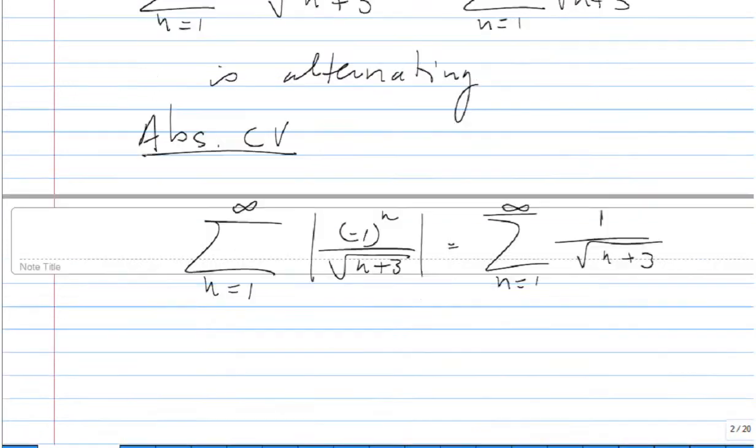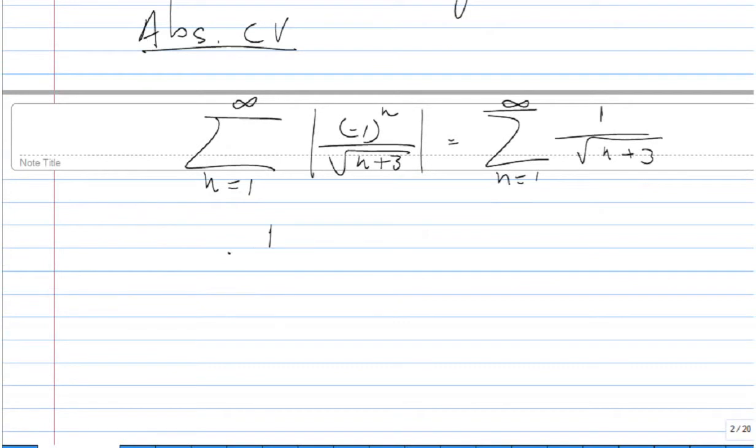We know that square root of n plus 3 is equivalent to square root of n when n is large.